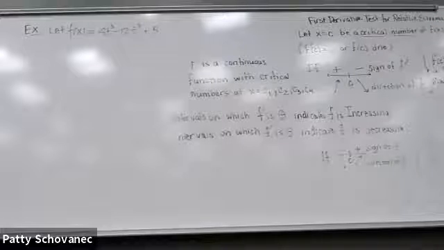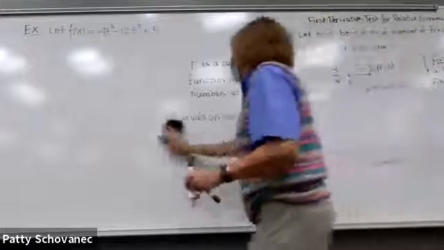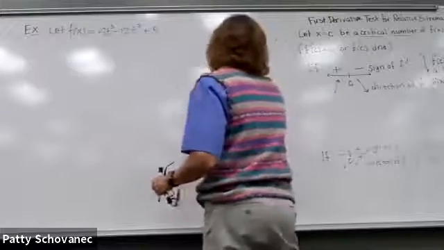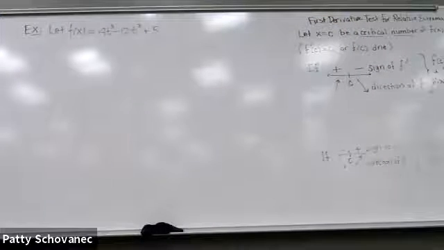So take the derivative, see if you can factor that, and tell me what the 2 critical numbers are. If t is 0 and t is 2.